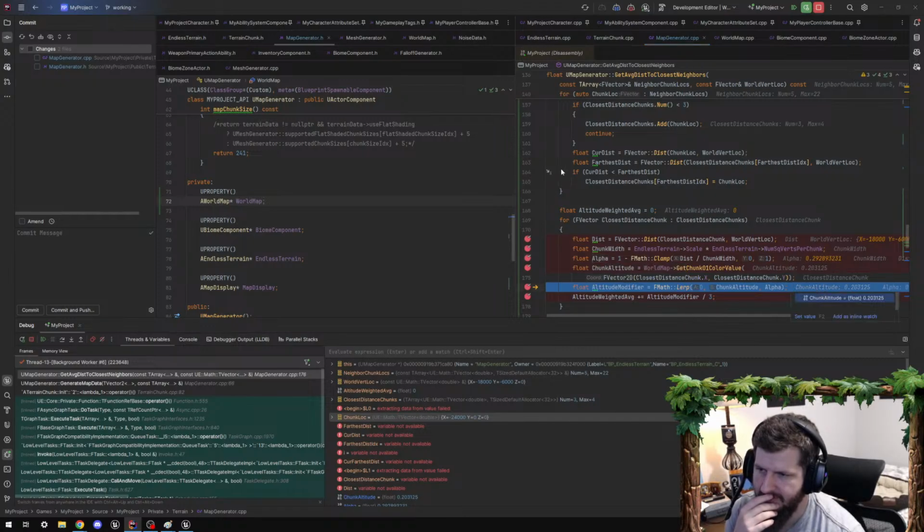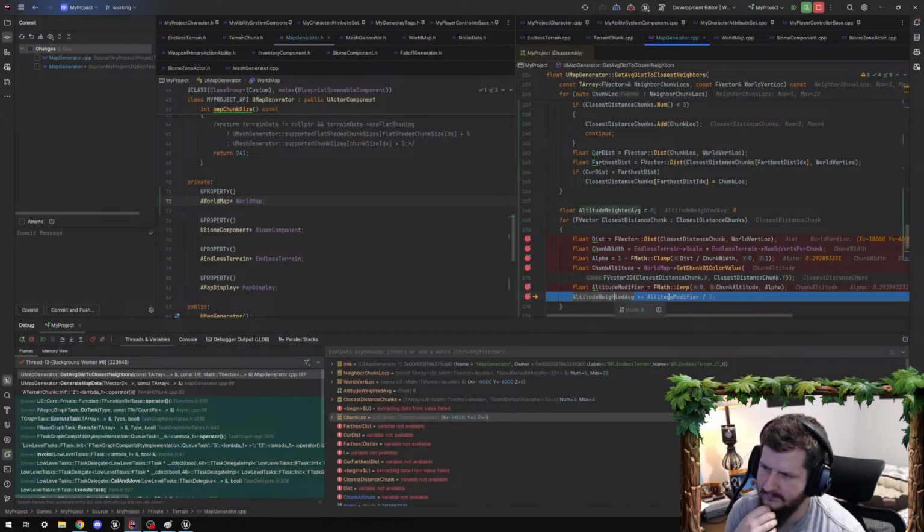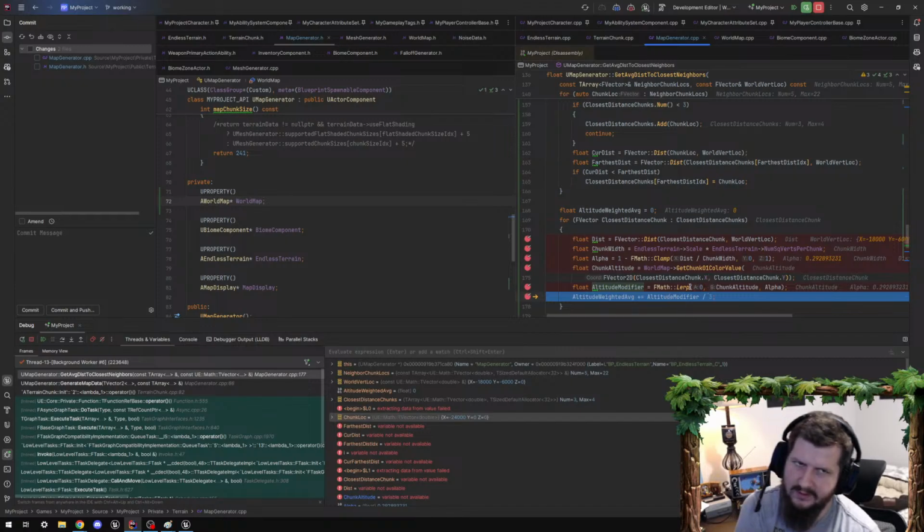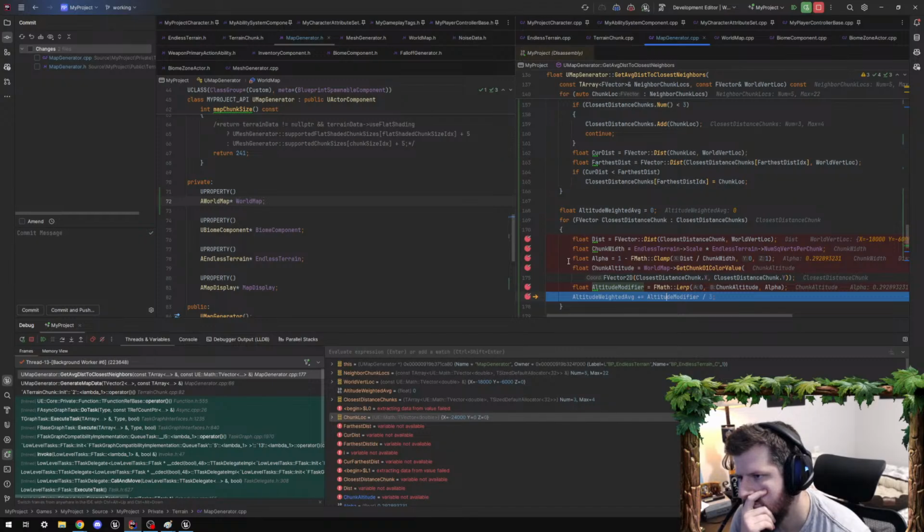And my chunk altitude is 0.20. It's very hard to determine this because of how async it's happening. So that was not enormously helpful.